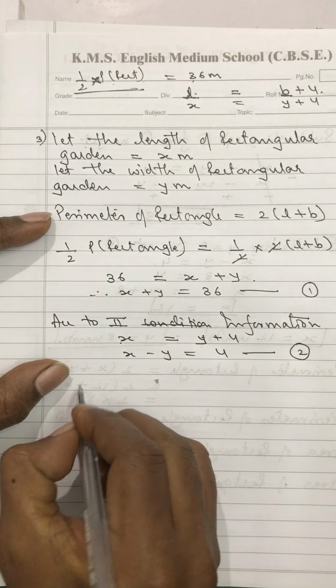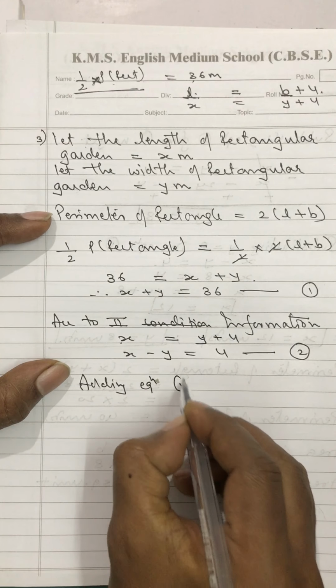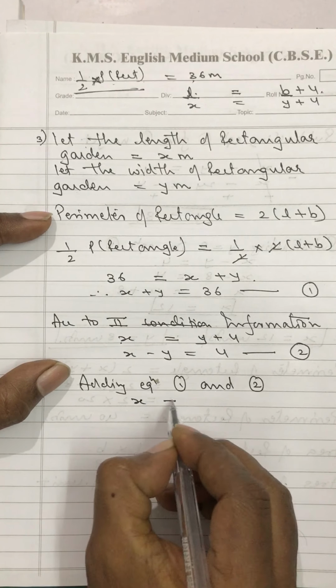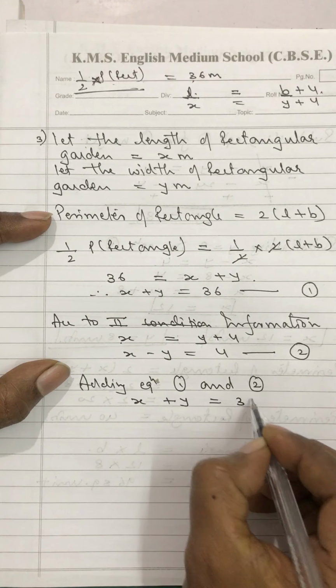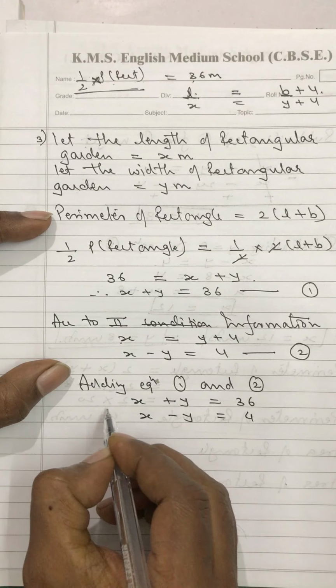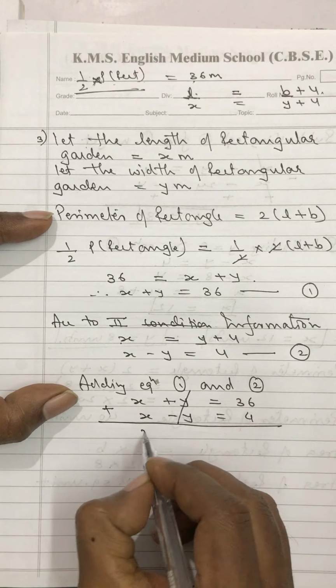Now this is quite simple, adding equation 1 and 2. Now this is addition. These both are gone.